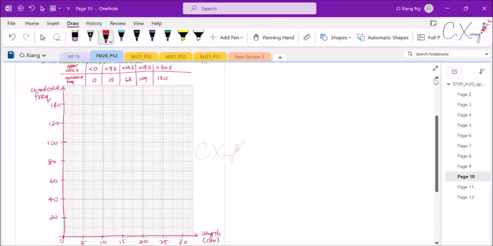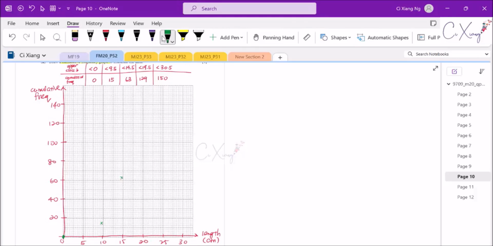So by using the information I have in the table, start from 0, 0. Then 9.5 is 15. So maybe 15 is somewhere here. Then 14.5 is 63. This is 70, right? So 63 might be somewhere here with the 14.5.